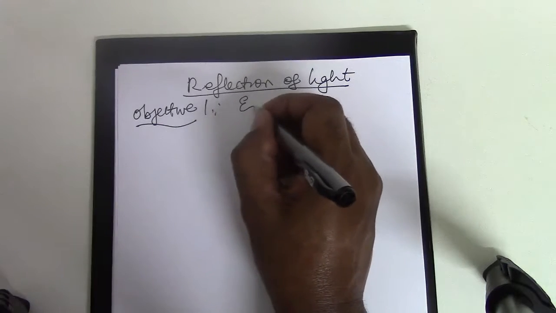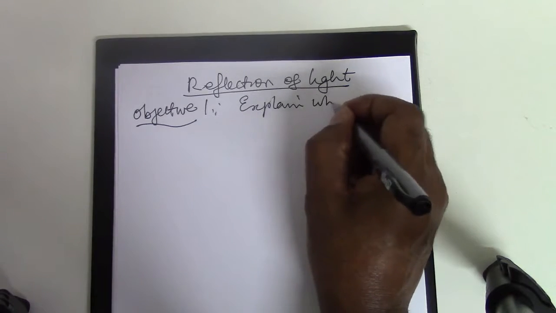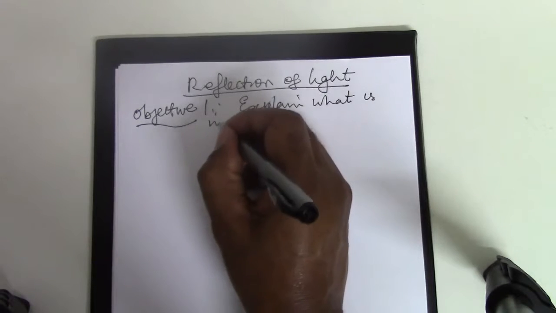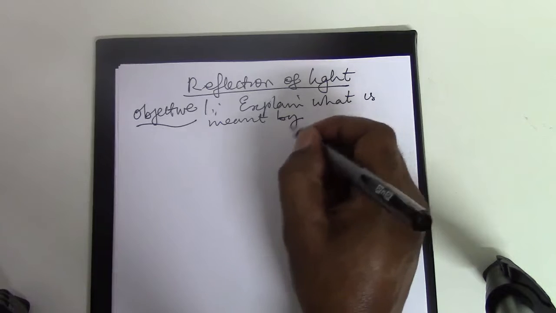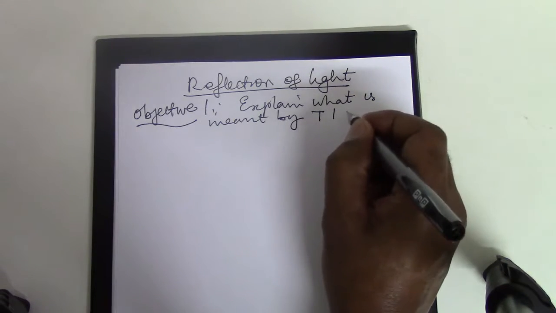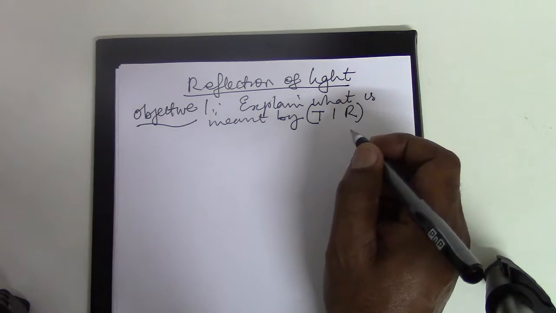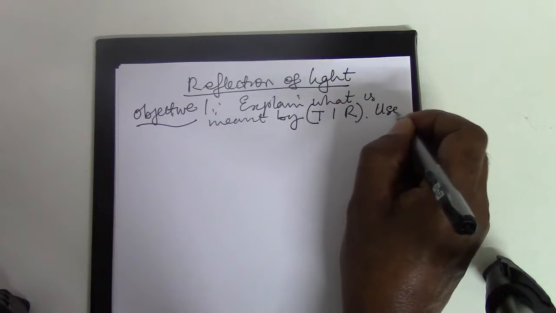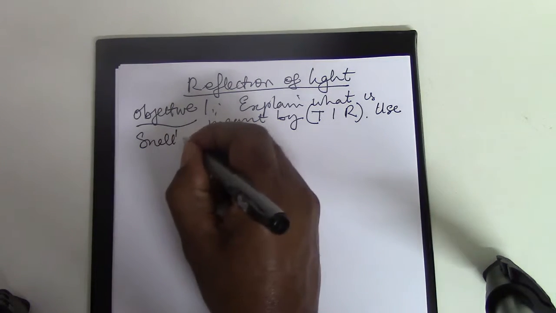You are expected to explain what is meant by total internal reflection. I'm going to abbreviate that. Total internal reflection. You are also expected to use Snell's law.